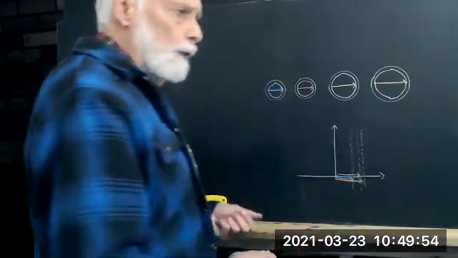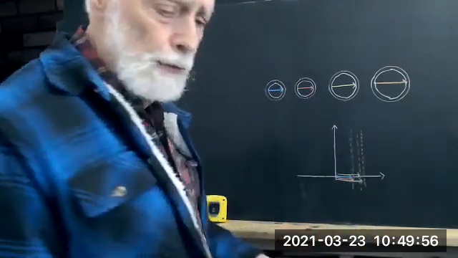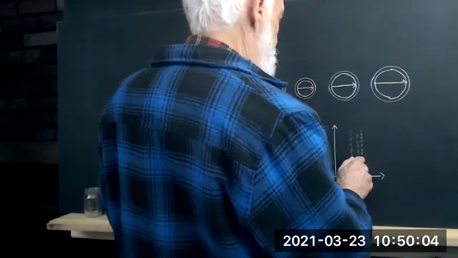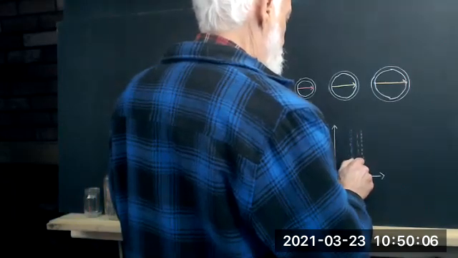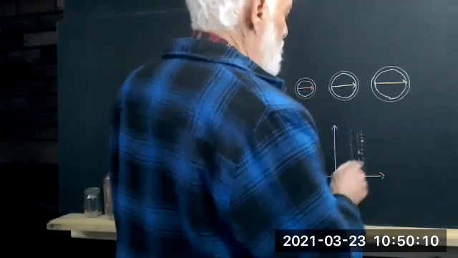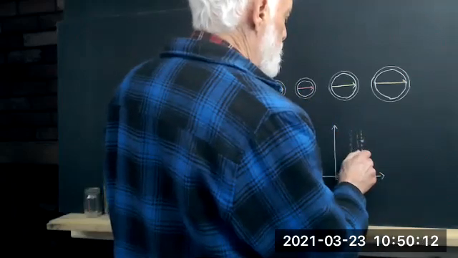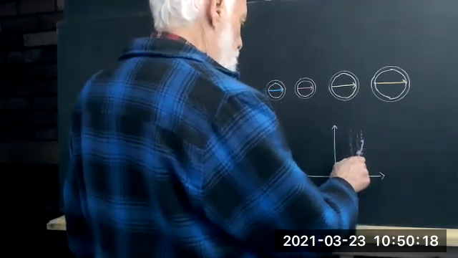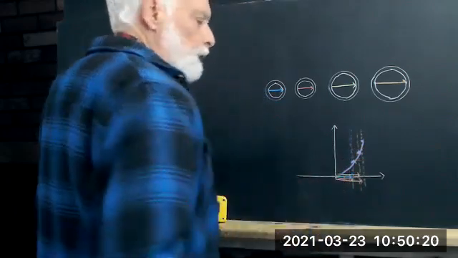So now I've got 5 vertical lines, and if on each of those vertical lines I sketch a point, then I'll have 5 points on a graph. And that graph might look something like this.